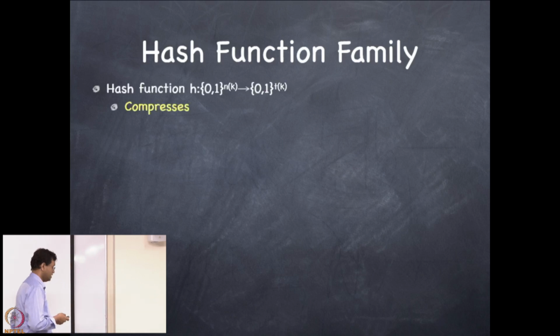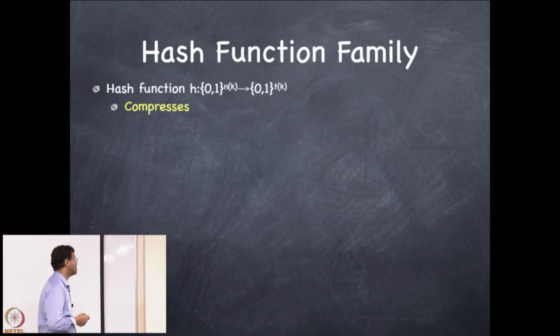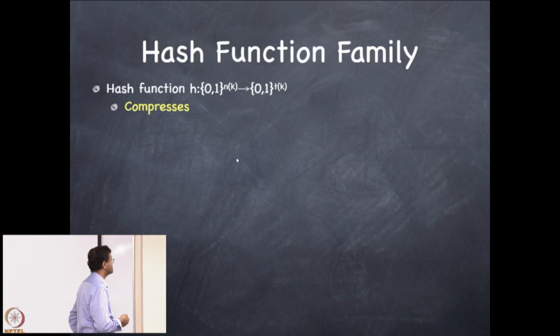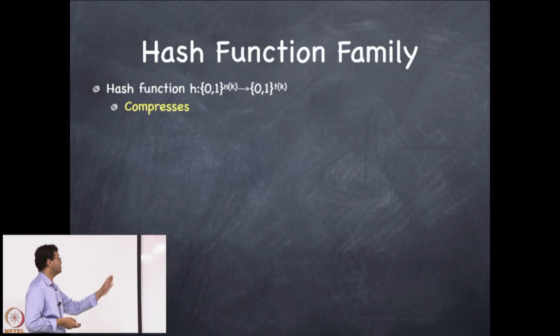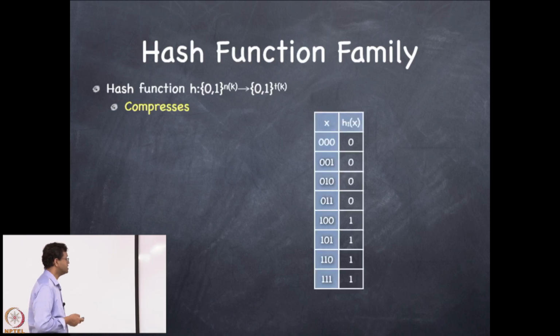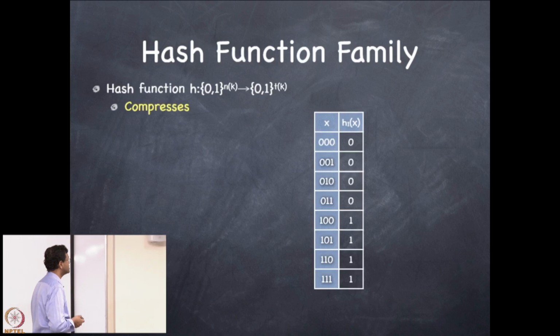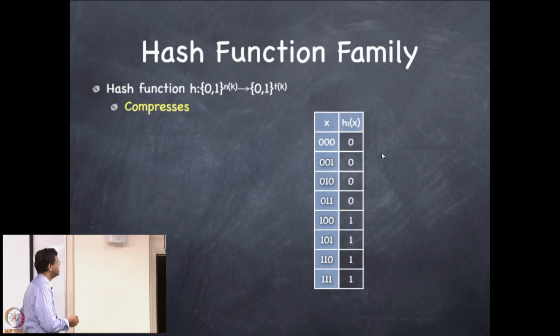One thing that's almost always needed from a hash function is that it compresses. What I'm trying to write here is that it takes n-bit strings and outputs t-bit strings, where t is something smaller than n. So what does that look like? That's each hash function. In this example, n is 3, so it takes 3-bit strings and produces a 1-bit output.